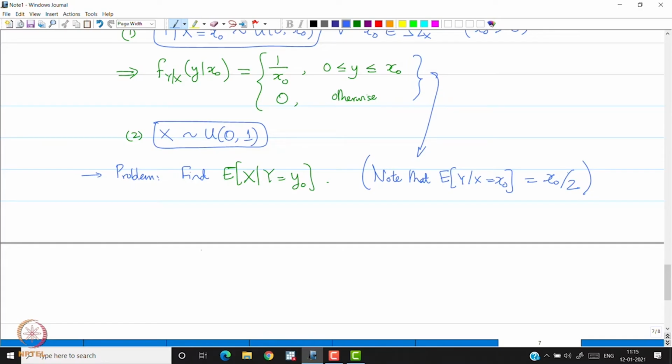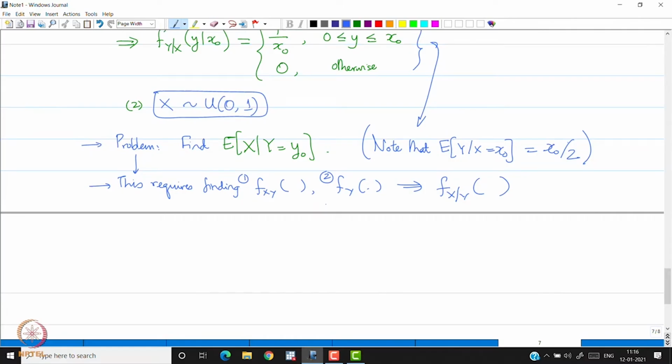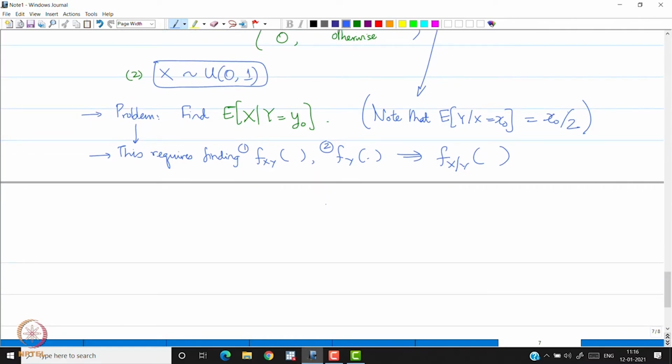For this we need to do the whole analysis, which requires finding all kinds of things, basically f_XY and then f_Y. From the joint PDF and the marginal PDF of Y, you can get the PDF of X given Y also. So we need to find f_XY, we need to find f_Y, and then from that we will find the conditional PDF of X given Y equal to y naught.